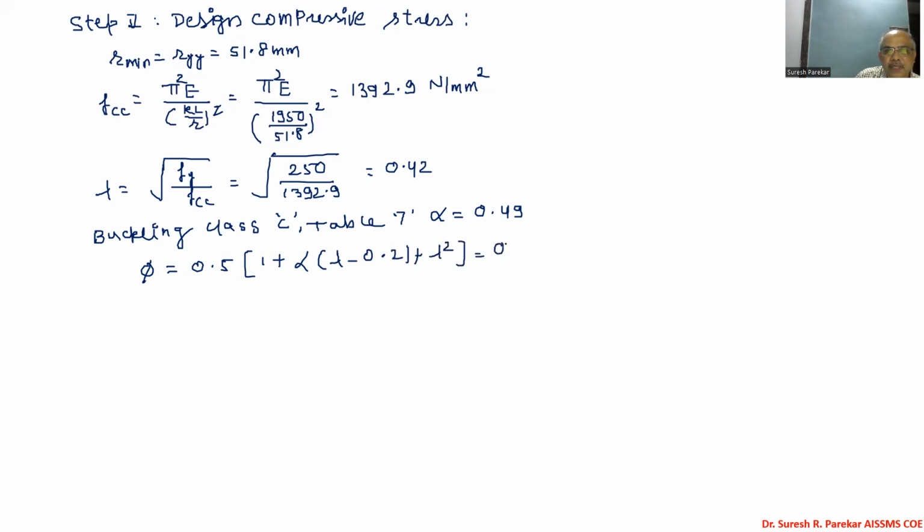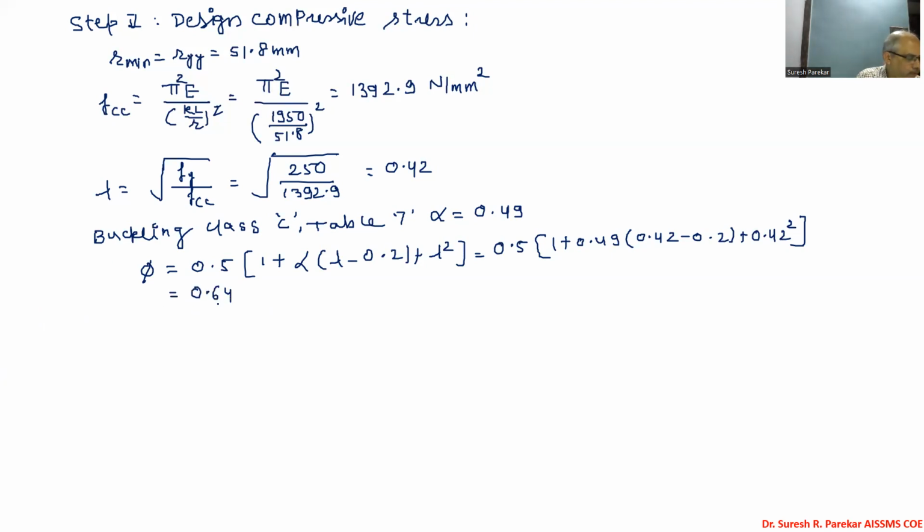If we put these values, we have 0.5 in bracket 1 plus 0.49 into (0.42 minus 0.2) and lambda square, we have 0.42 square. If we solve this, we will get the value of phi equal to 0.64.